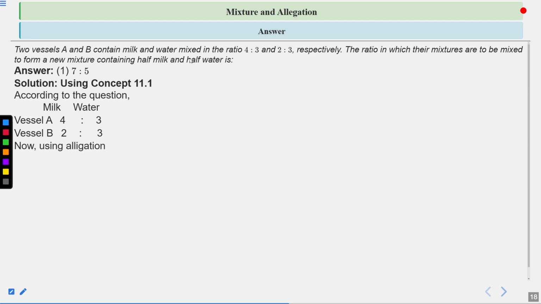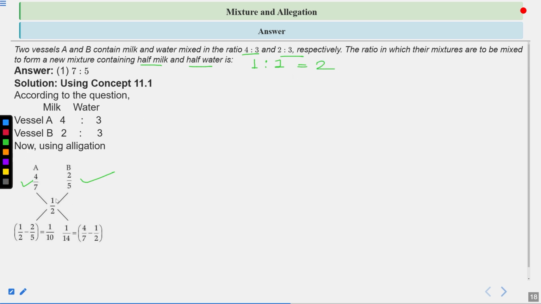So by using alligation, if we choose only milk from both of them, what do we get? 4 liters of milk out of 7 liters. Then we take milk from the second vessel B. So we get 2 liters of milk out of 5 liters, so 2/5. And the question says in which ratio we mix them so that we get a new mixture containing half milk and half water. What does it mean? It means the ratio should be equal to 1:1, that is, 1 liter out of a total of 2 liters.